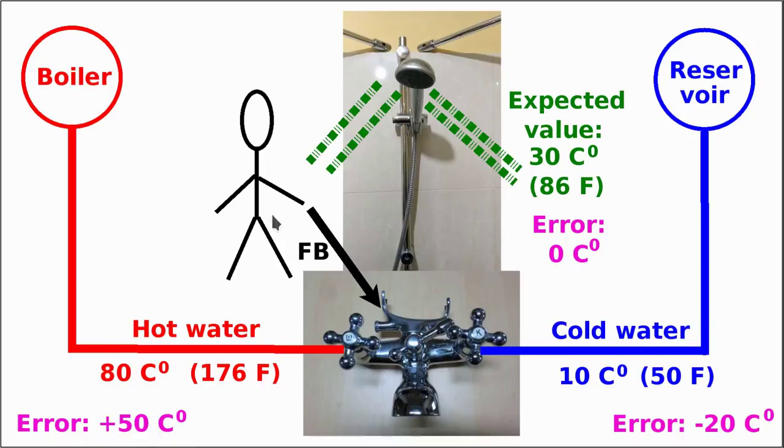So what this person will do in order to get this 30 degrees C water out of the shower head is the following.